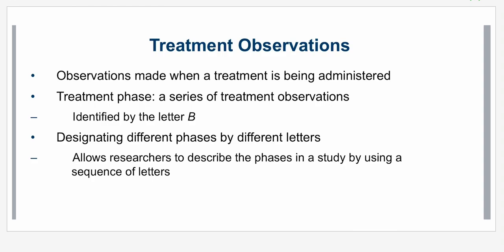It's identified by the letter B. Also, there can be different treatments or different manipulations or different conditions, and those different phases are going to be different letters. So there could be B, C, D, etc. These letters allow researchers to describe the phases in a study, like I said, in a research report or in a graph.